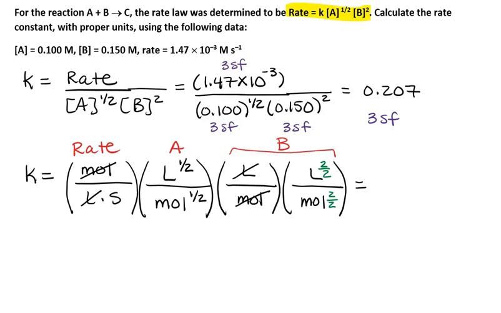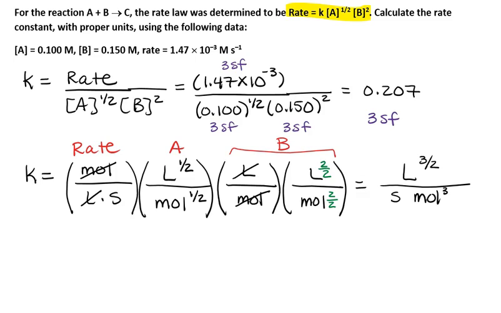That way they will more easily combine with the 1/2 that I already have. So combining these units, in the numerator I have 1/2 plus 2/2, so liters to the 3/2. In the denominator I have seconds, and then I have moles to the 1/2 plus moles to the 2/2. So 1/2 plus 2/2 equals 3/2.